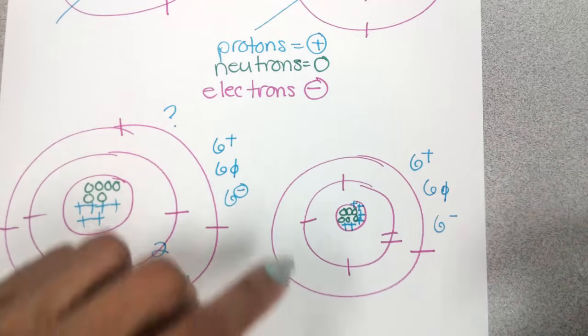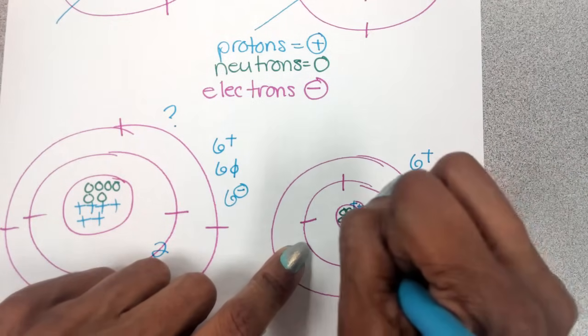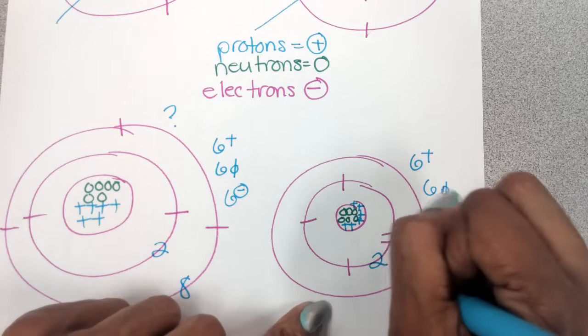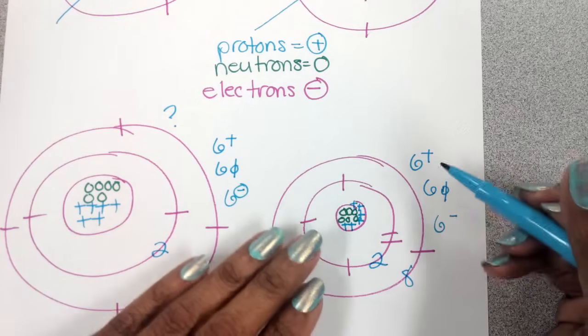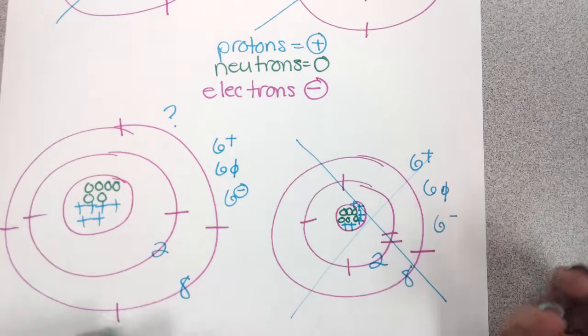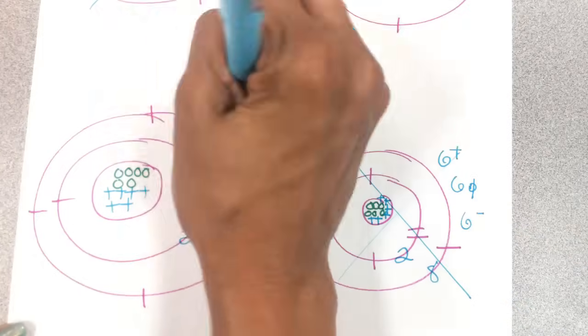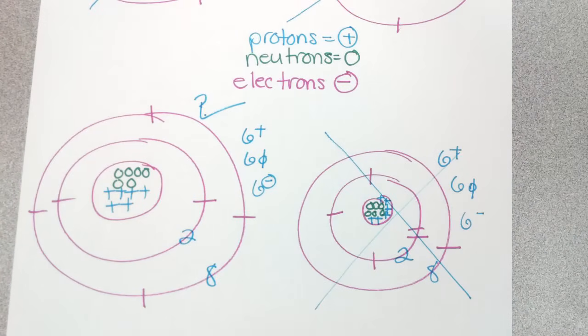Okay, however, my electrons are not placed properly. I have 5 in the first energy level. You can only have 2 in the first and 8 in the second. So while my numbers here are correct, the model is drawn incorrectly. So my answer would be this one. Okay? You will see this question on your test. So there's a freebie for you.